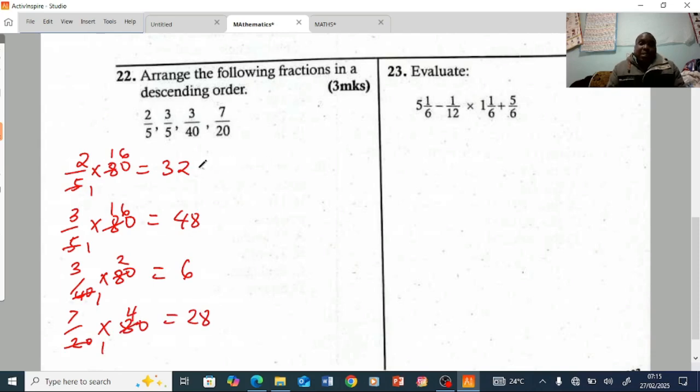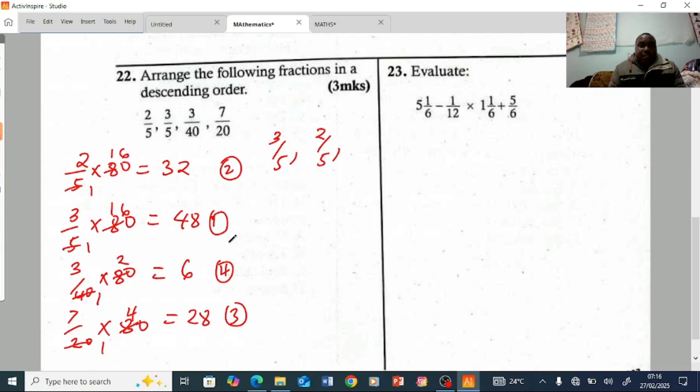Now you can see the biggest number here is 48. This is number 1, followed by number 2, followed by number 3, and the last one is number 4. Now we need to arrange this data in descending order, from biggest to smallest. So the biggest is 48, so we start with this fraction, which is 3 over 5. The second biggest is 2 over 5.